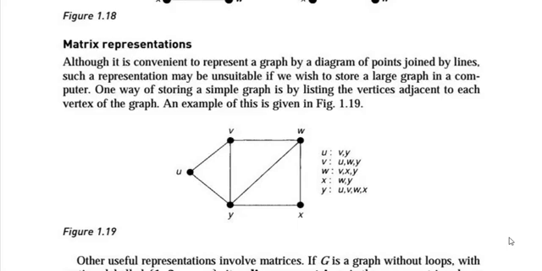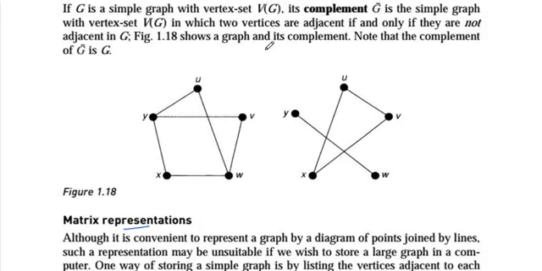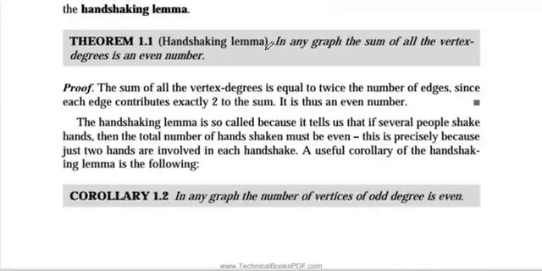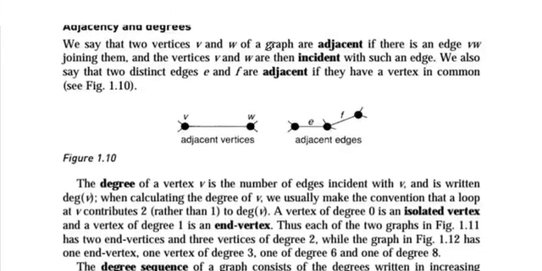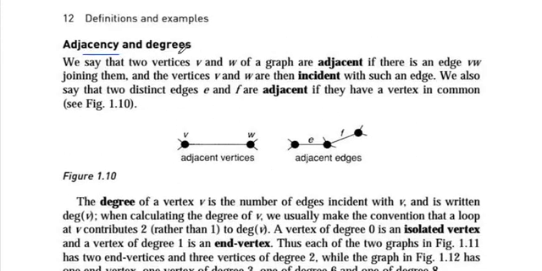So first of all, let us discuss the revision of the last lecture. Then we will start with our topic, matrix representation. In the last lecture, we started with adjacency and degree of a vertex. So let's take a quick revision, then we can start with the matrix representation.